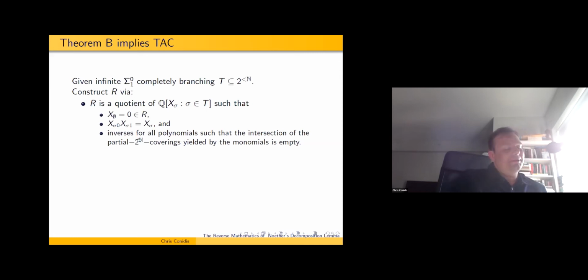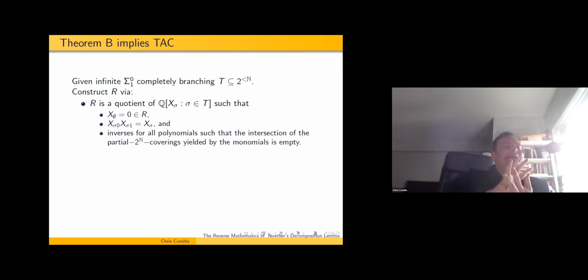You want to include inverses for all polynomials such that the intersection of the partial coverings is empty. A polynomial is a sum of monomials, and every monomial you associate with a covering of Cantor space.